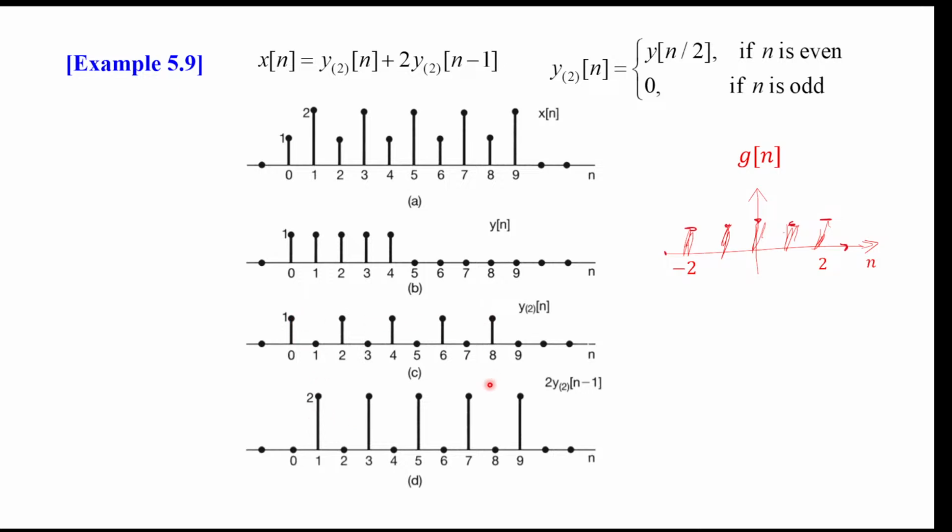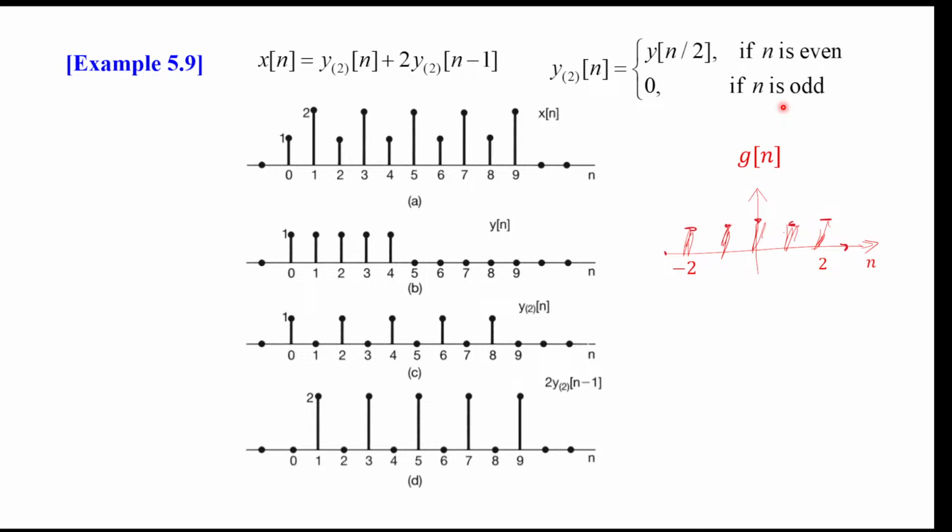Then you multiply this by 2 and time shift by 1, and it will be 2, 2, 2, 2, 2 between 1 and 9. Then you add together y2 of n and 2 y2 of n minus 1, and you get back to your 1, 2, 1, 2, 1, 2 signal. So x2 of n is y2 of n plus 2 y2 of n minus 1, where y2 is y1 of n stretched out by a factor of 2.